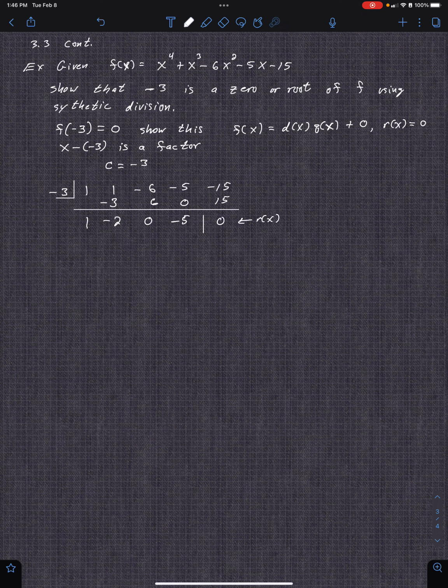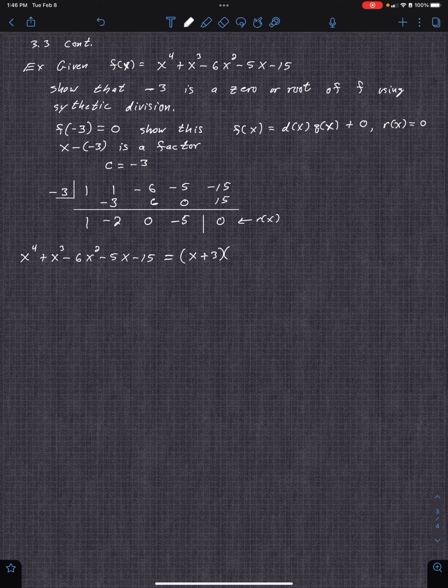So what this means then is you have this factored form. That was really all they asked you to do, but you have this polynomial, and this equals x plus 3 times, and then what does that look like?